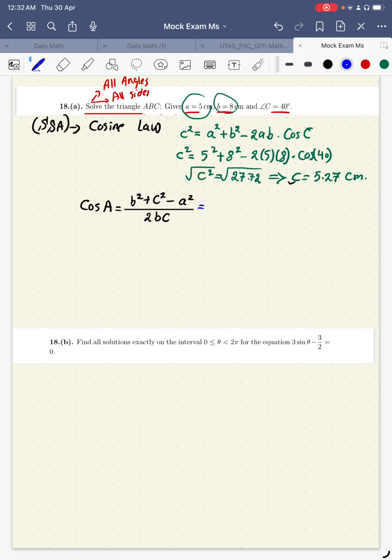I put everything I know together: 8 squared plus c squared, which I just found is 5.27 squared, minus a squared, which is 5 squared, divided by 2 times b, which is 8, times c, which is 5.27. Again, use the calculator to get the result.